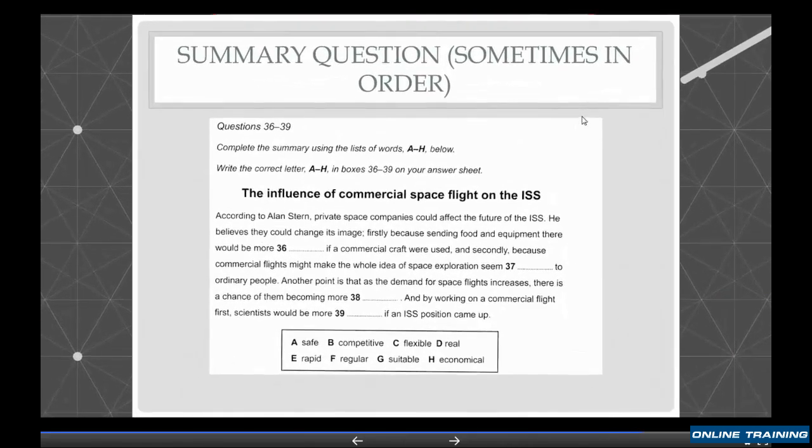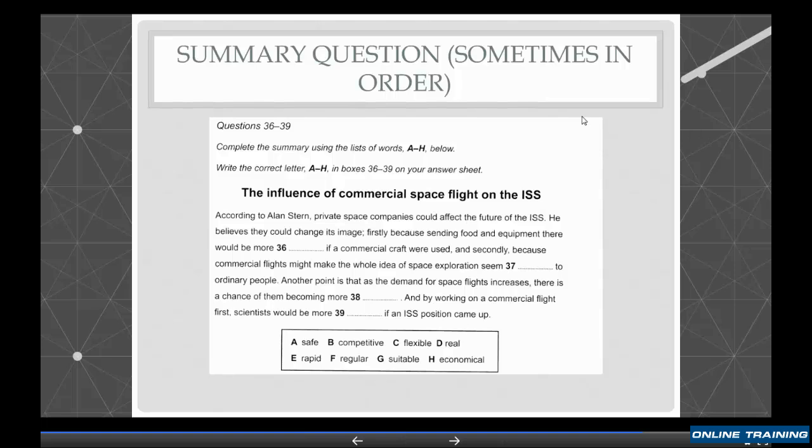Next, we have our summary question. Sometimes it goes in order. It kind of depends on which reading passage you have this question. If this question is in reading passage number 3, most likely it doesn't really go in order. If it's in reading passage 2, maybe it does. If it's in reading passage 1, which is rare, then it probably goes in order. But you can have this question 2 different ways.